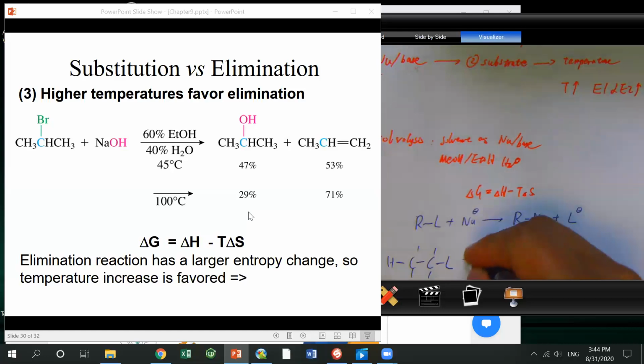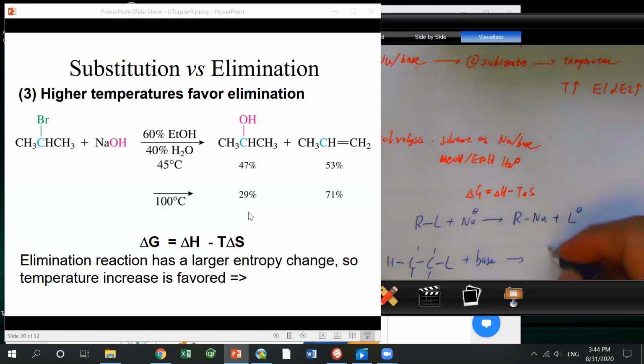You start with two species, base and substrate, and after the reaction you actually generate three species: the alkene, the leaving group, and the base that picked up the hydrogen. So you increase the entropy, and the delta S term is more positive.